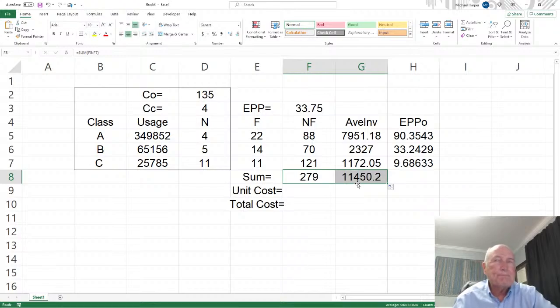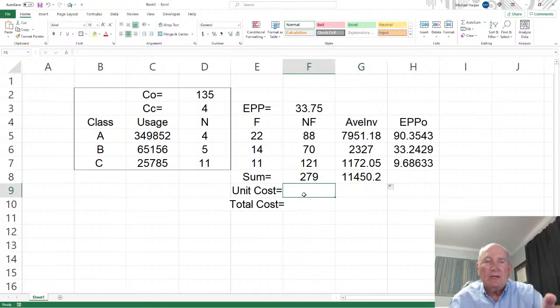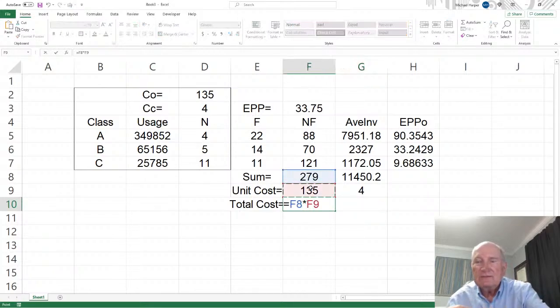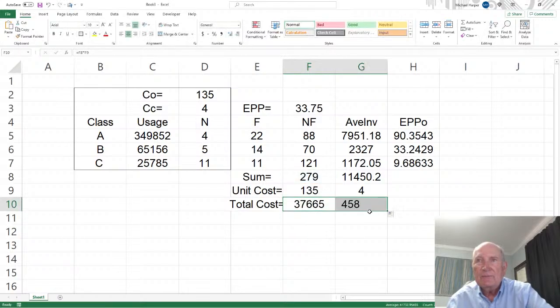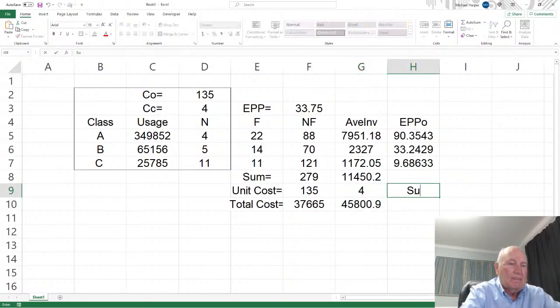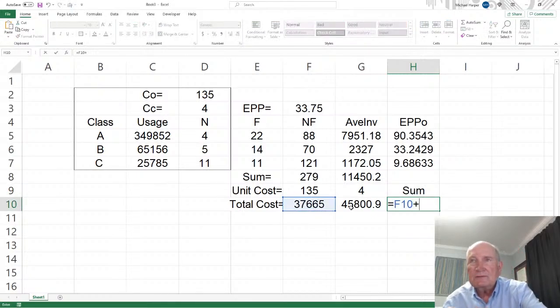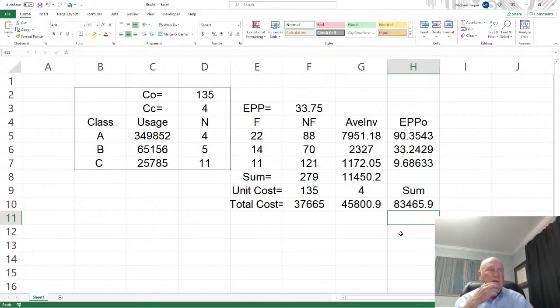Now the unit cost is $135 per order and $4 per dollar per year. Then we take this times this and copy that over, and that's the total. Then the sum equals this plus this, and that's how much this is going to cost us, $83,465.